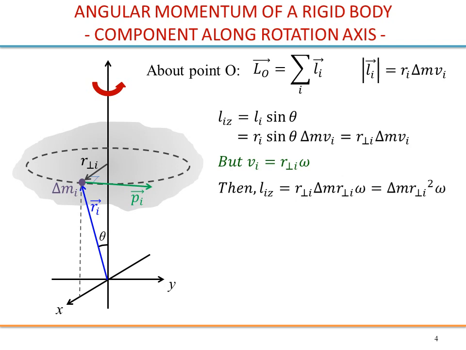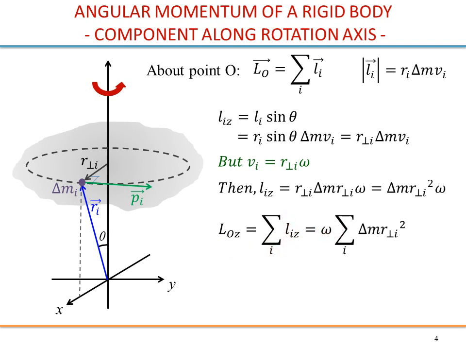We already had the R perpendicular here, so it becomes R perpendicular squared. I guess you recognize what this is. Yes, it is a rotational inertia. So let's take the sum. We sum all the Li z.